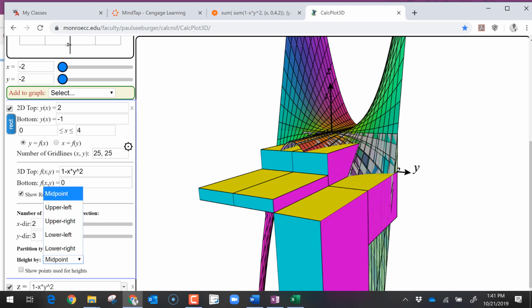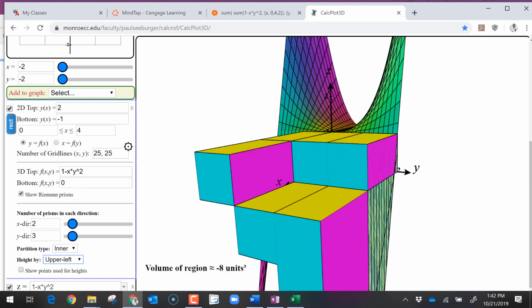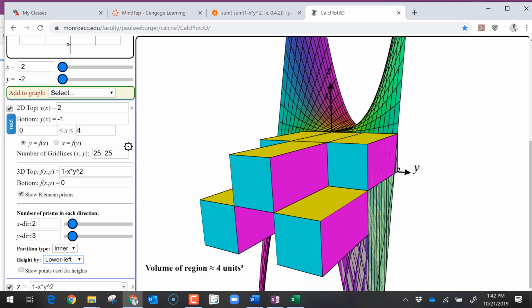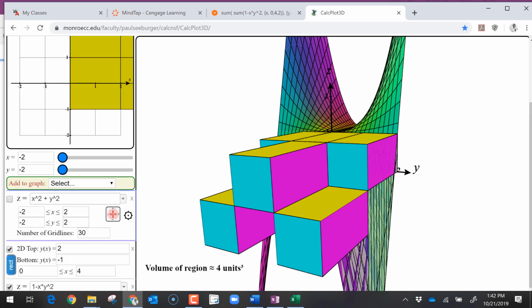Partition height by the left side. Left, upper, lower left, lower left. These are the rectangles that we get. By the way, the XY plane, let me just show you where the XY plane is.